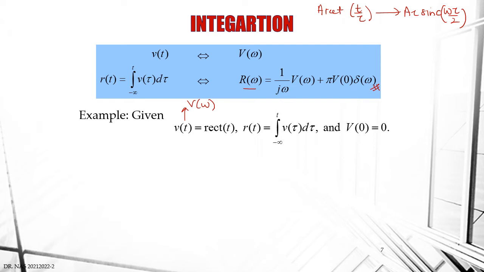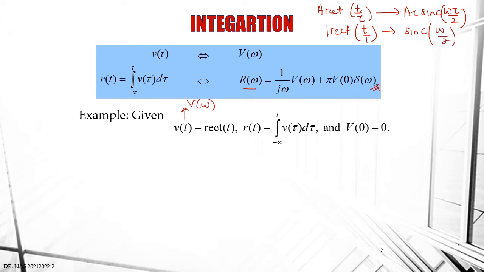In this case, you have v(t) given by rect(t), meaning that τ is 1 and a is also 1, so you get the Fourier transform: a is 1, τ is 1, sinc function, so sinc(ω/2).